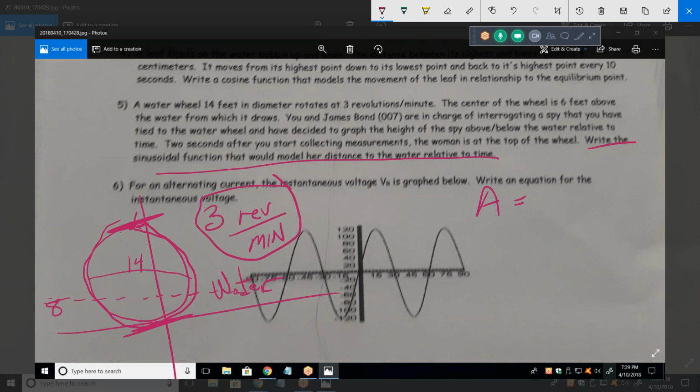So it's 14 feet. Now, B is 2 pi over the period. Well, if I make 3 revolutions per minute, what is my period?